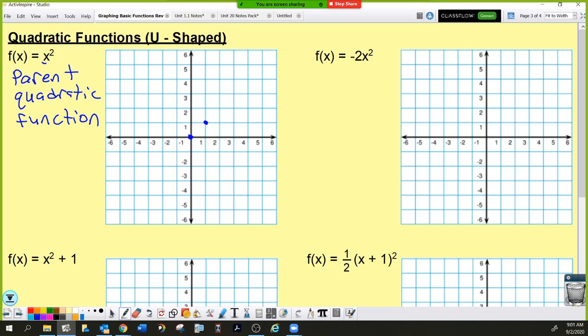So if there was a point 1 to the right of the y-axis, there will be 1 to the left of the y-axis. And those 3 dots are enough for you to get away with drawing this thing, because it's a sketch. It's not a perfect graph. It's a sketch of a graph. All you have to do is make sure it's U-shaped. And the fatter your dots, the harder it will be to see your mistakes on connecting them.